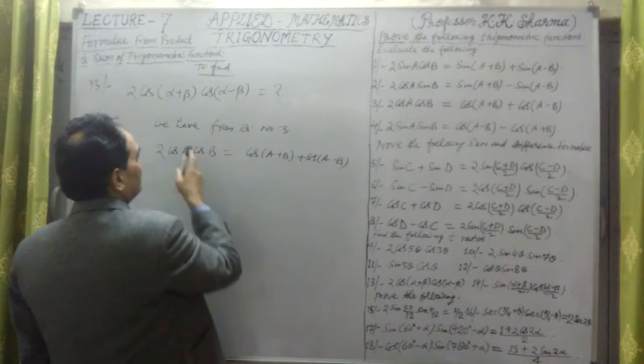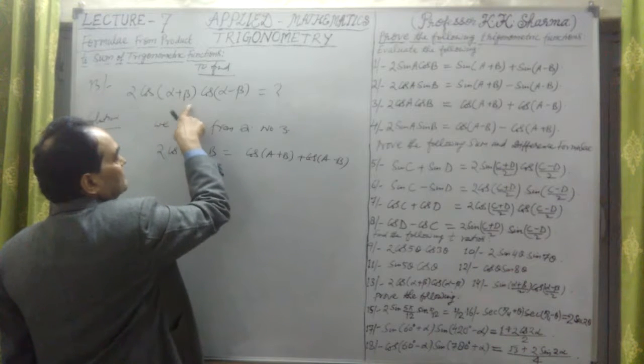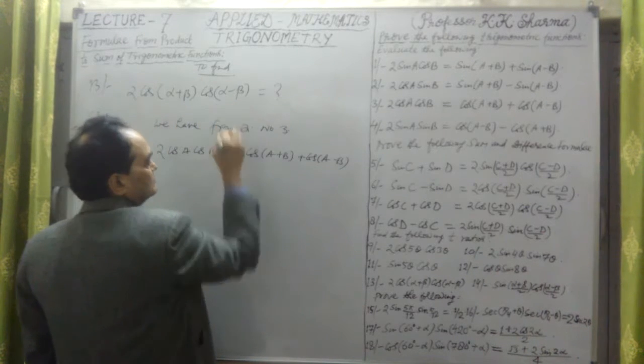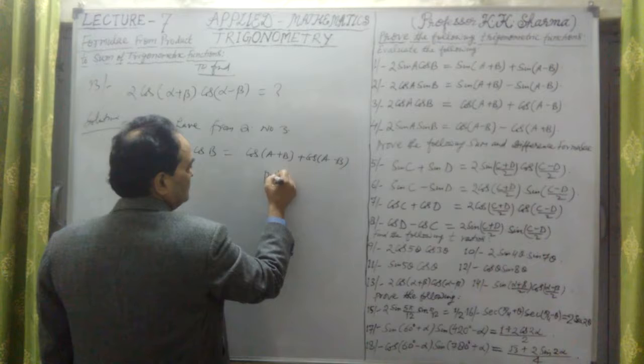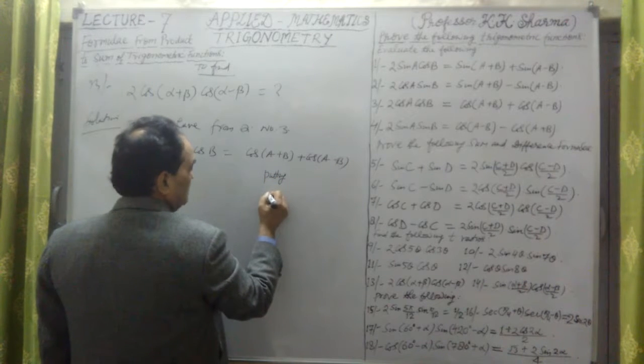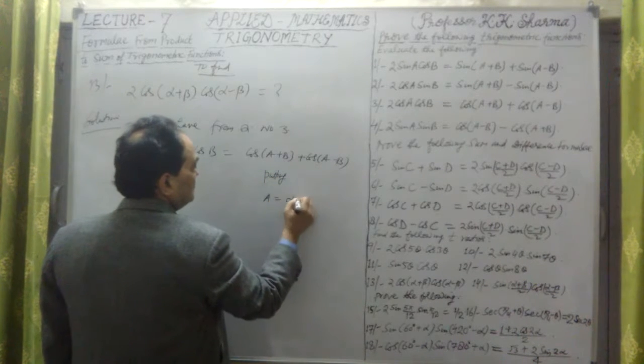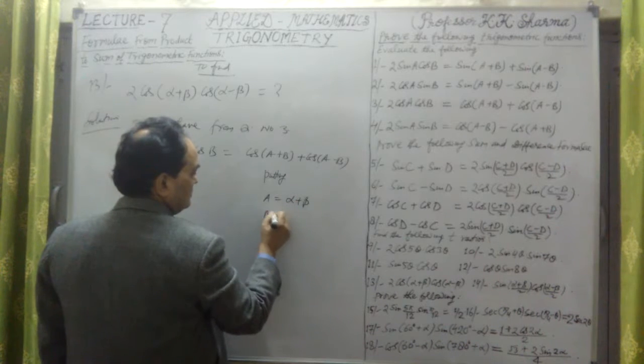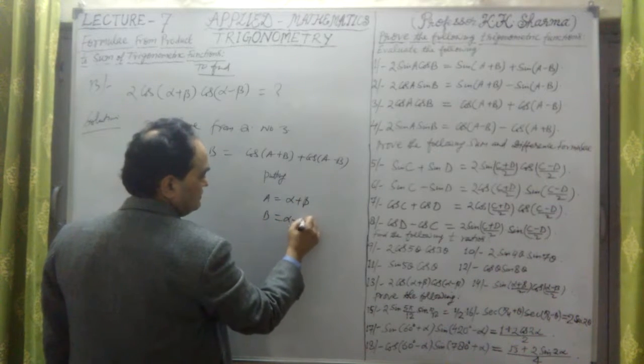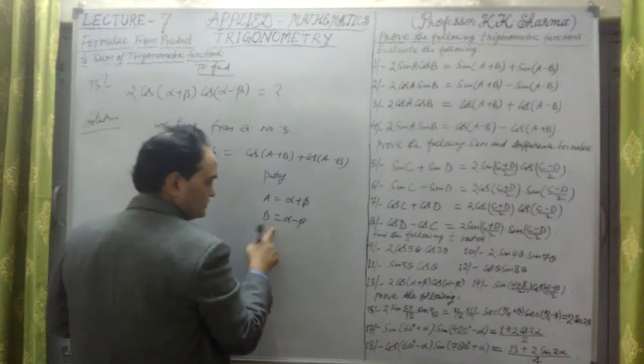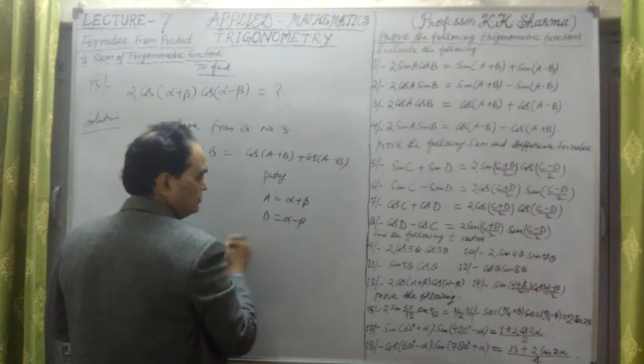Now what do we see here? In place of A we have alpha plus beta, in place of B we have alpha minus beta. Putting A equal to alpha plus beta and B equal to alpha minus beta.